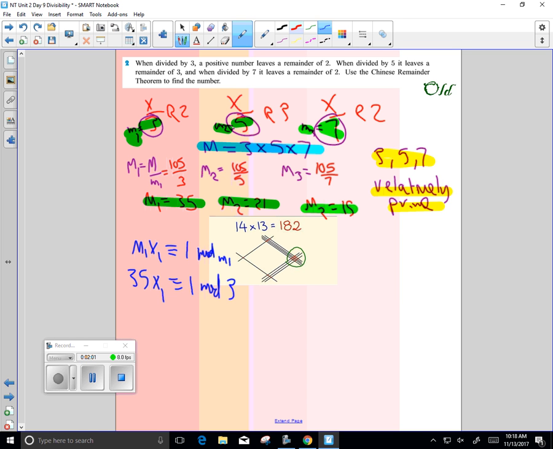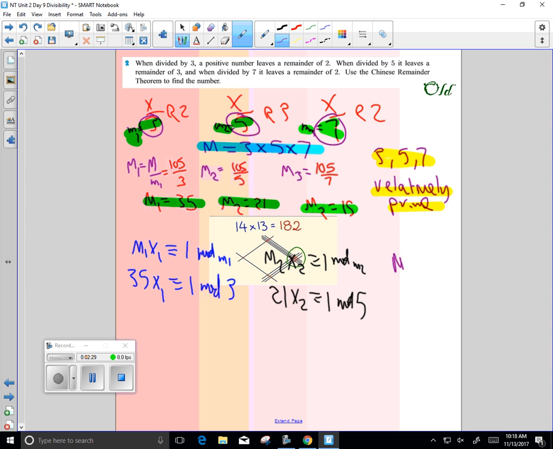Do you mind if I show the formulas each time so you get a flow of it? So the next one's going to be M2x2 is congruent to 1 mod little m2. So this is going to be 21x2 is congruent to 1 mod 5, because they're relatively prime. That means their GCD is 1.